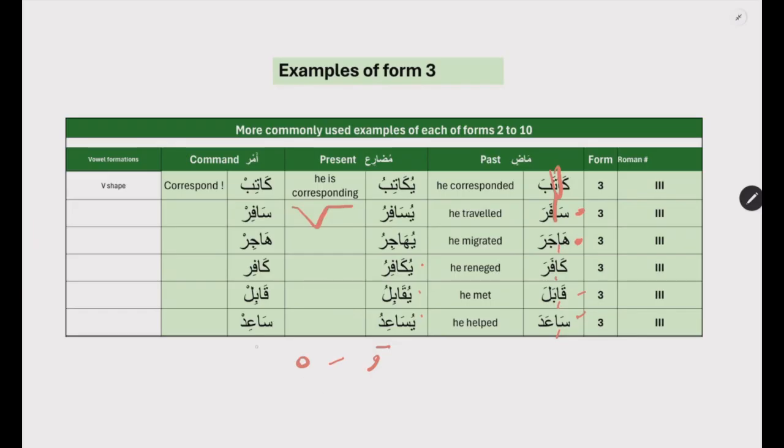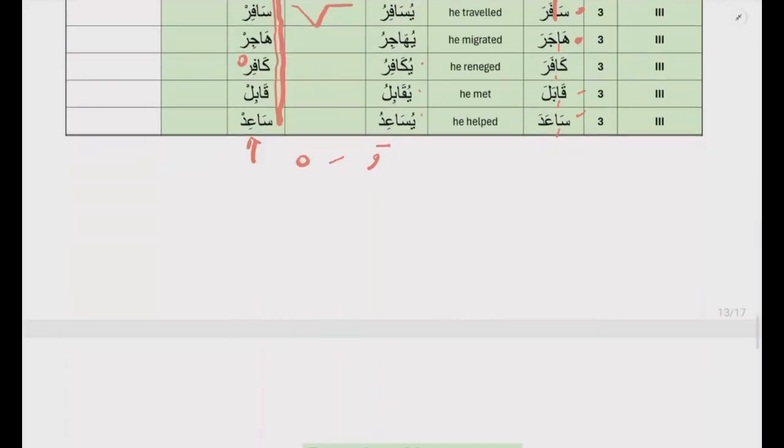And then the imperative is this particular column here, where you notice there's no alif that comes in again. It's simply the actual word without the ya in front. You see in all of them. Then obviously the other feature is it's got a sukun in the end to show that it's a command form of it. Right, then we go on to form 4.